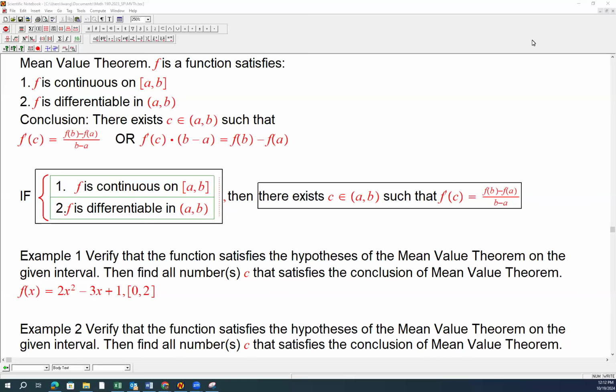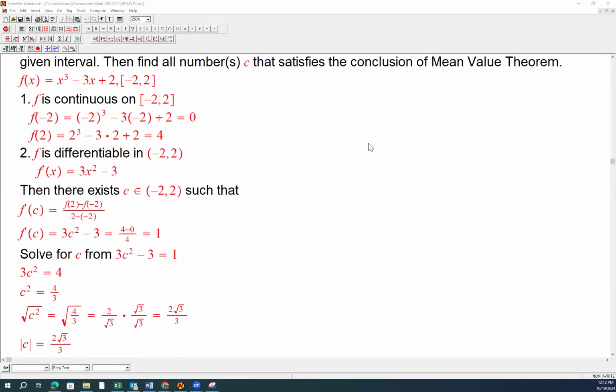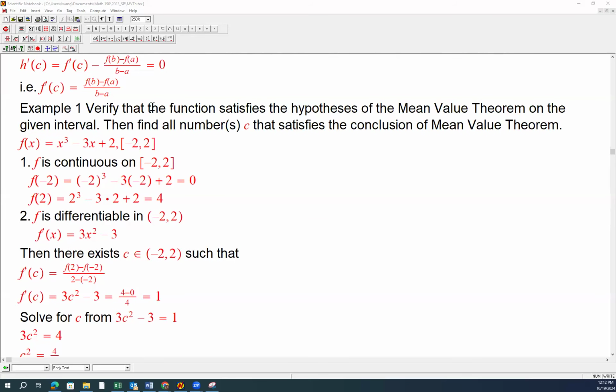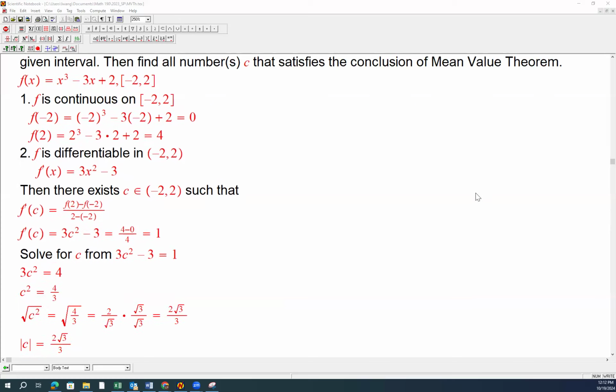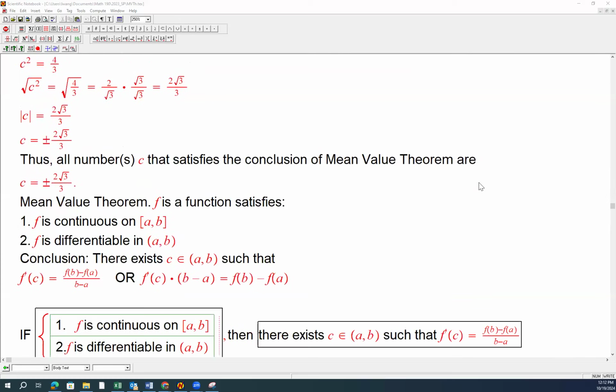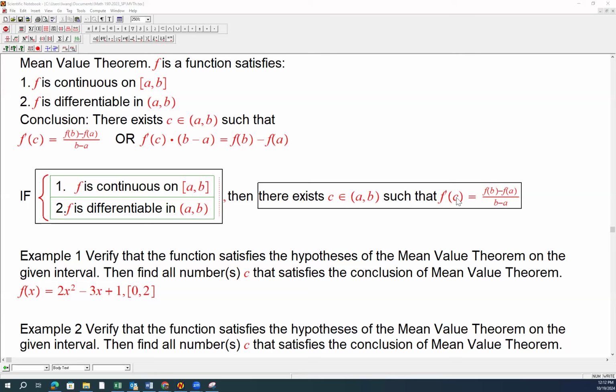So in the last lesson, we proved the mean value theorem and went over an example of how to apply it. As we understand, the mean value theorem has two conditions instead of three in comparison with Rolle's theorem.